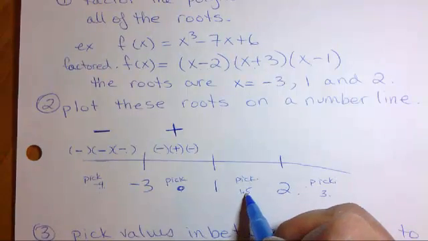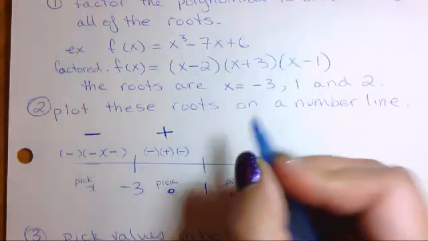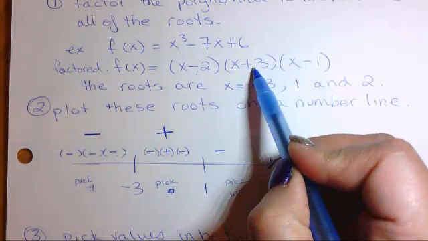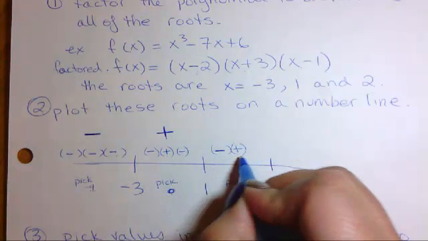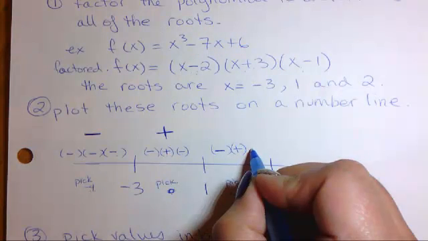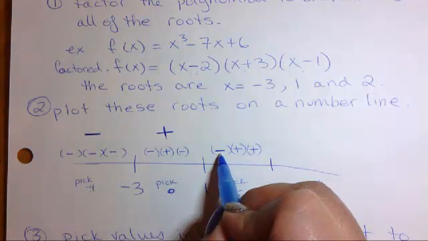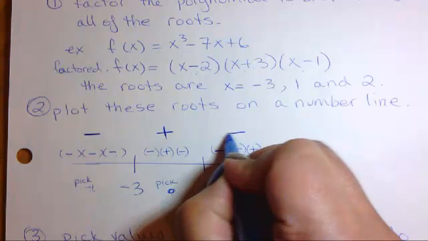Here, I'm going to choose 1.5 and put it in here, and I end up getting a negative number for that. If I put 1.5 into here, I'm going to get a positive number. And if I put 1.5 into this third bracket, I'm going to get a positive number. Now notice we've got a negative times positive times positive, which ends up as a negative.